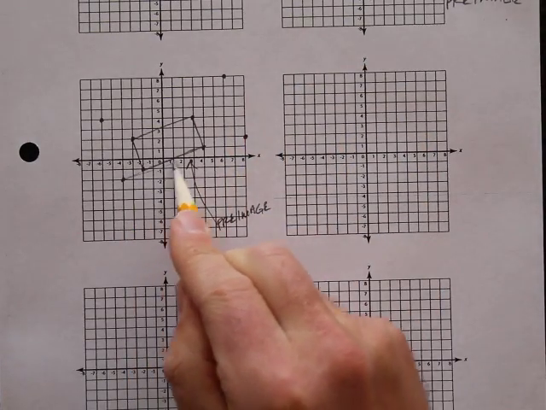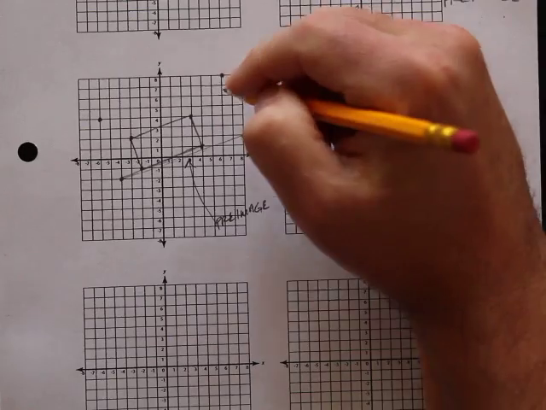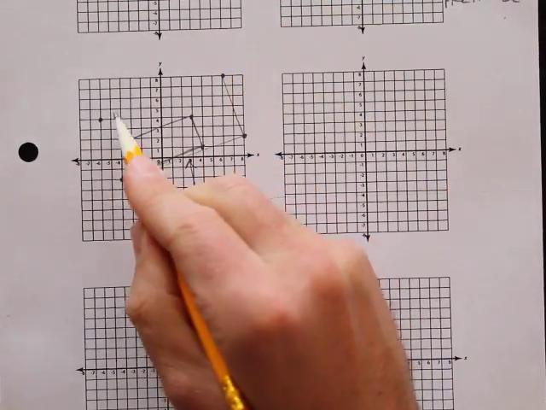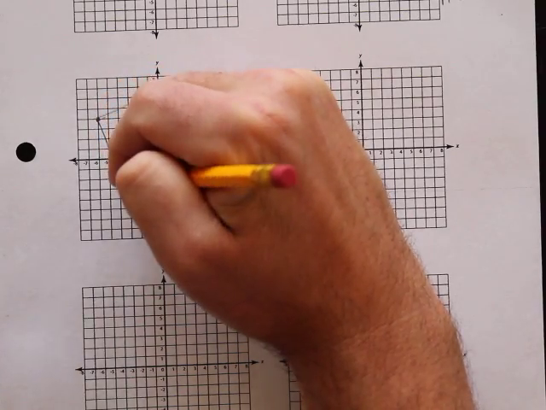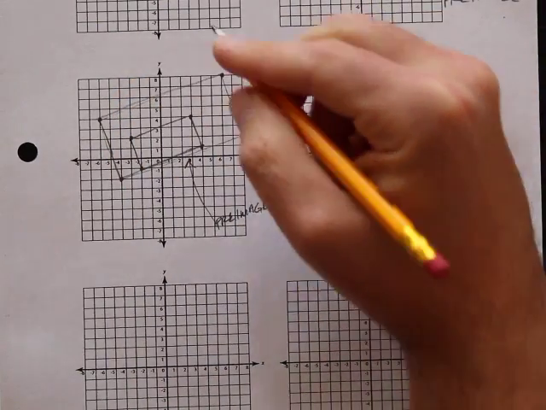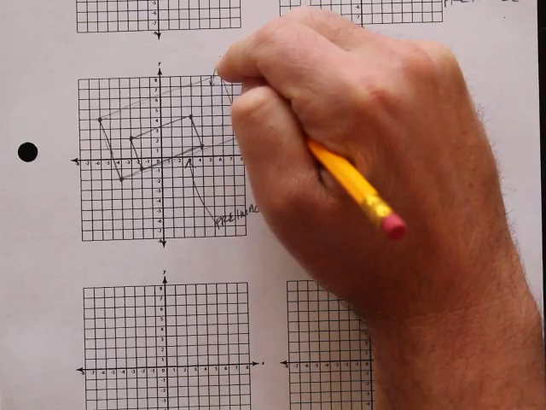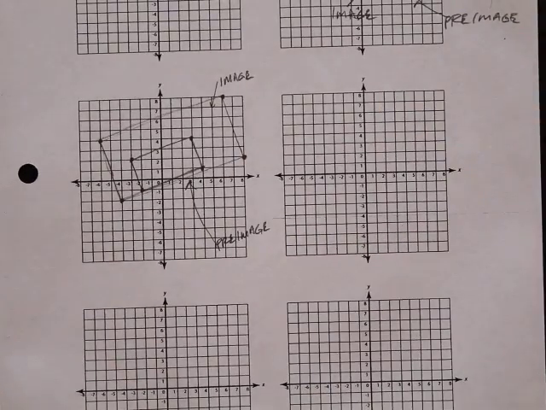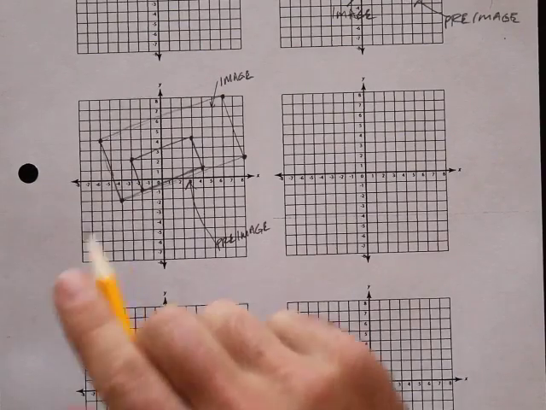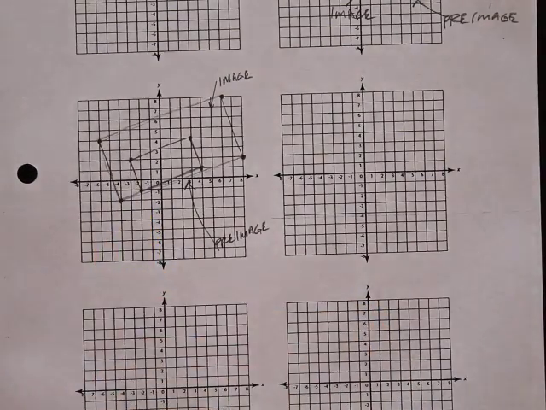And then I'm going to connect all of these guys. Okay, this is the pre-image, and the big one is the image. Now we want to know what is the scale factor between these two.